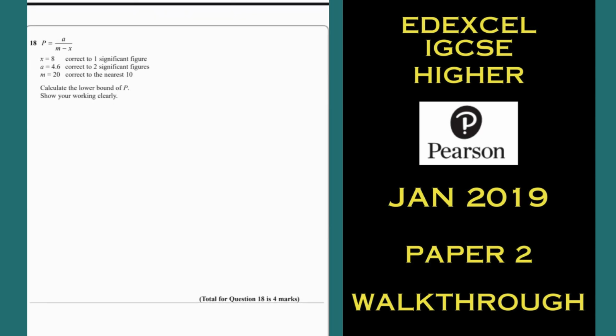Number 18. I don't read these questions until as soon as you see lower bound, get cracking on with these. So x is 8 to 1 sig fig, so go up by half, down by half. A is 4.6 to 2, so go up by half, down by half.